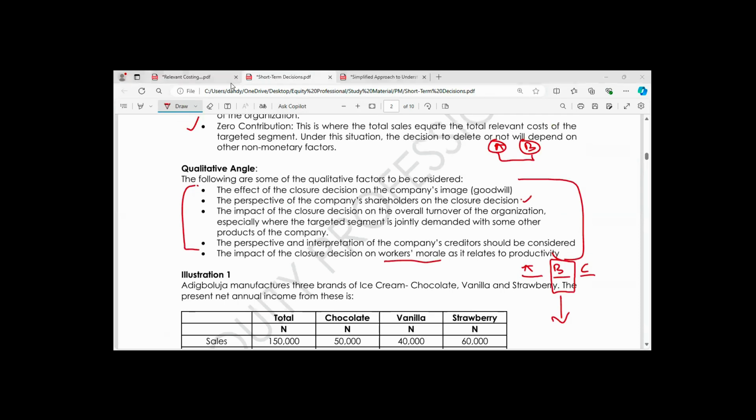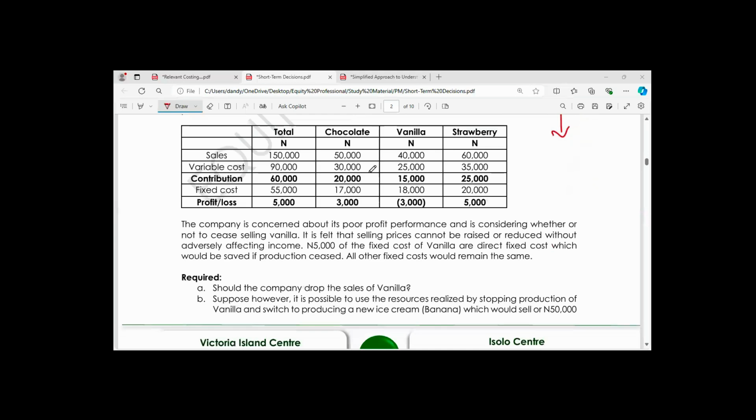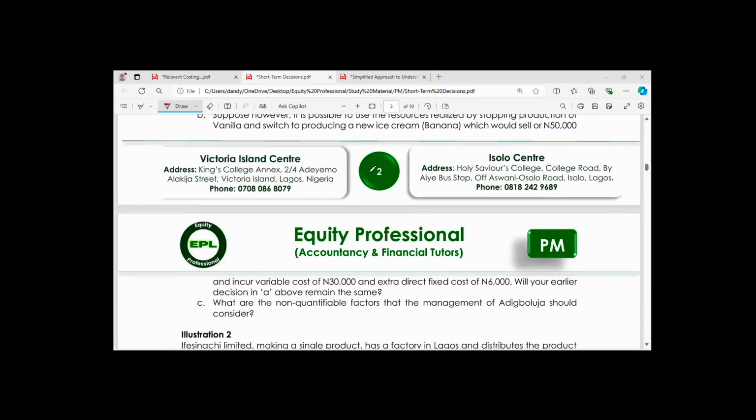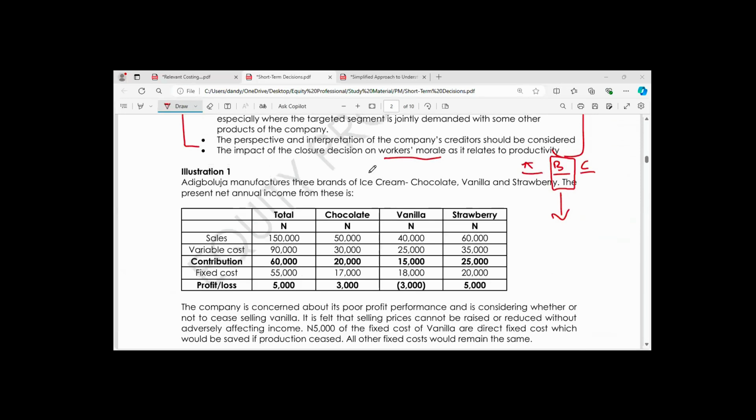If not, we can just have a small illustration to demonstrate our discussion so far. Okay then, let's scroll down. Let's have this illustration. Hopefully we'll be able to complete it within the next 15 minutes.